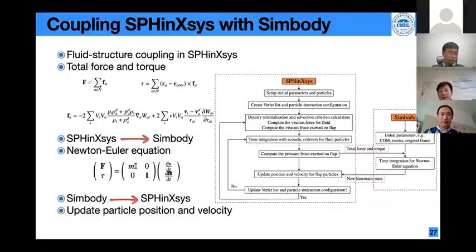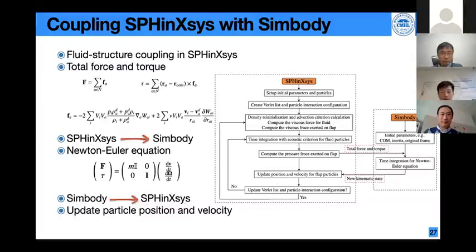After that, it will do the time integration, and then the new kinematic states will be sent back to SPHinXsys, and SPHinXsys will use the new kinematic state to update the particle position and velocity for the solid particles. This is the detailed algorithm for the coupling.